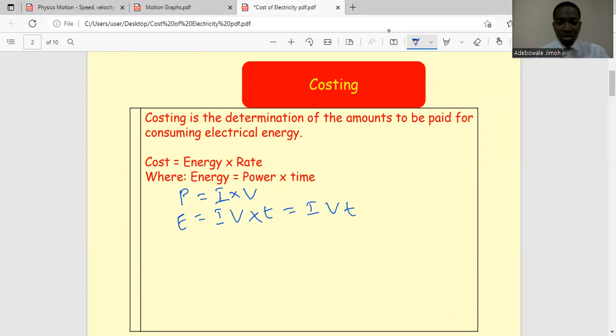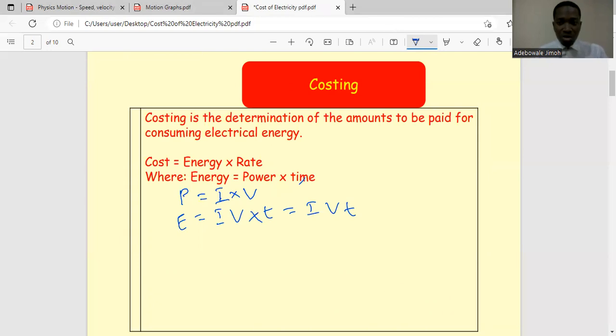This is the formula for electrical energy.